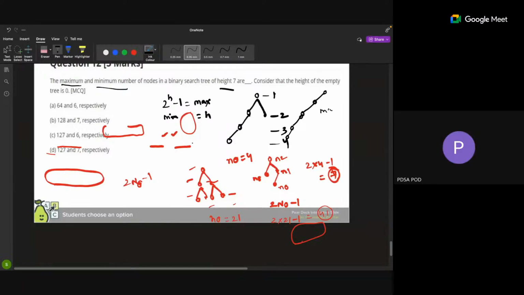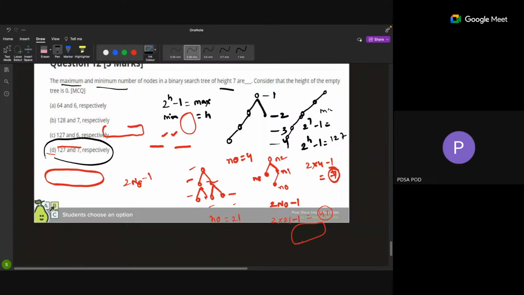When it is balanced, the maximum is 2 to the power of h minus 1. H is already given as 7, so 2 to the power of 7 minus 1 is about 127. So that is 127 and 7. This is the right answer.